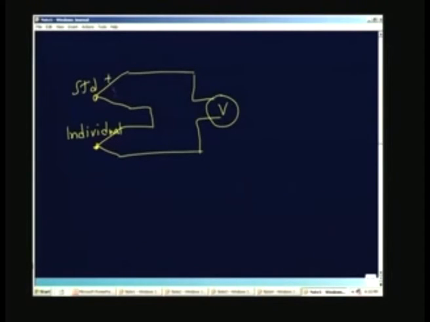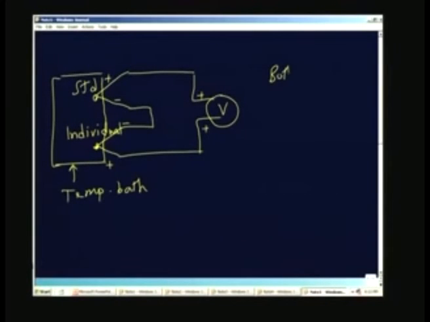That means this is plus, minus, minus, plus. These two I am going to put in a constant temperature bath, whose temperature can be varied, but both junctions are at the same temperature.